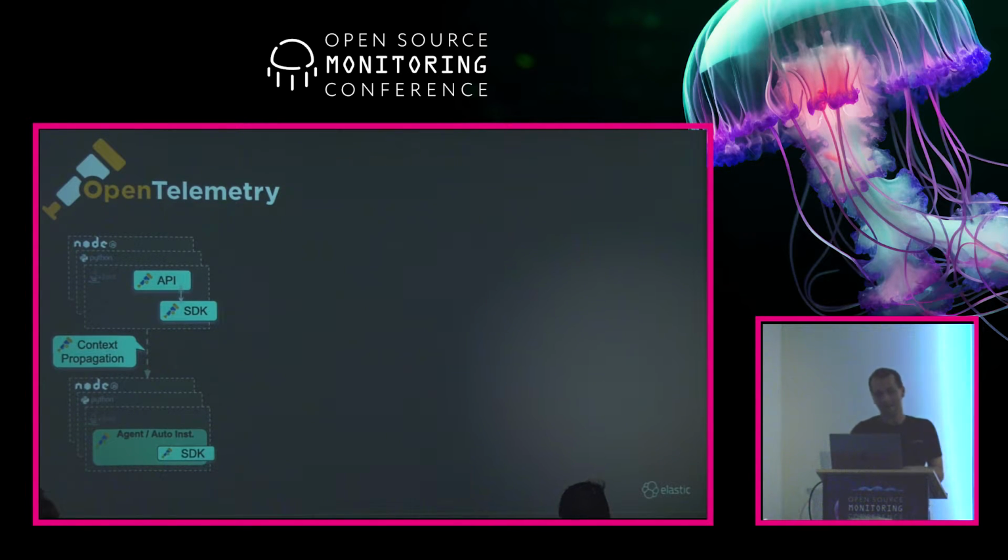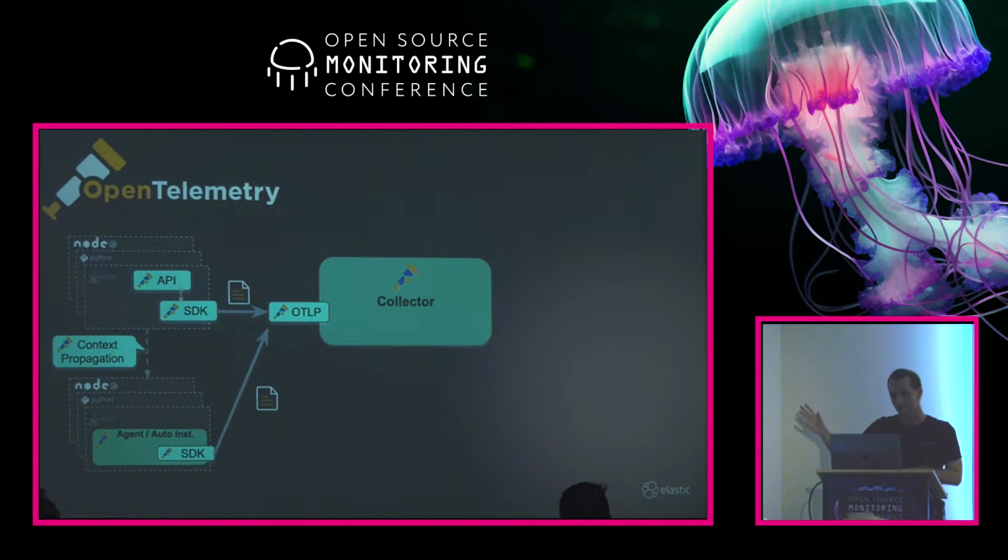And you can put agents and auto instrumentation into your application, which then takes care of instrumenting the application and collecting the traces. The other part, which is also part of OpenTelemetry, is a collector that, as the name suggests, collects the telemetry data. There is a defined protocol between the collector and the data collection part. This is OTLP, the OpenTelemetry protocol. It essentially defines how a trace needs to look, how a log needs to look.